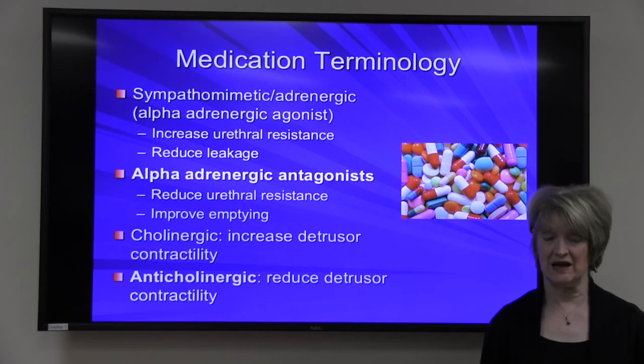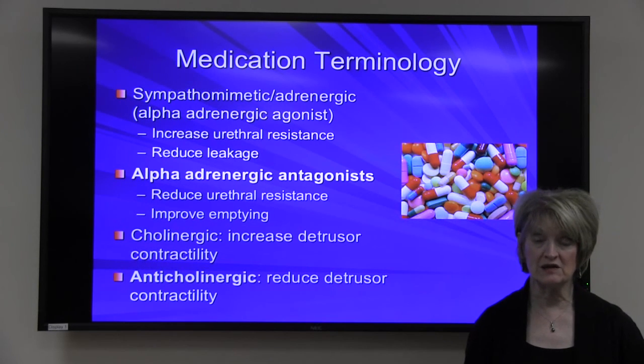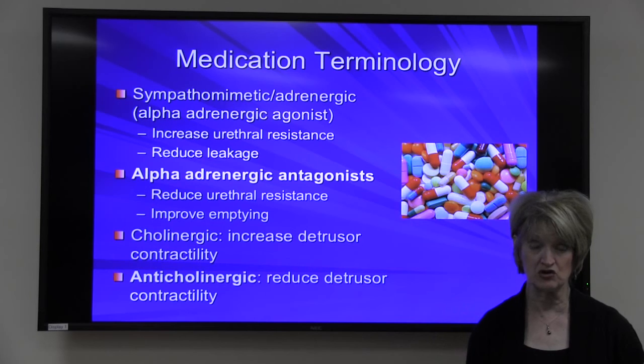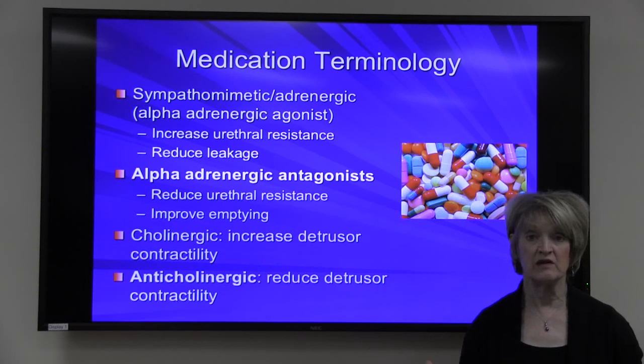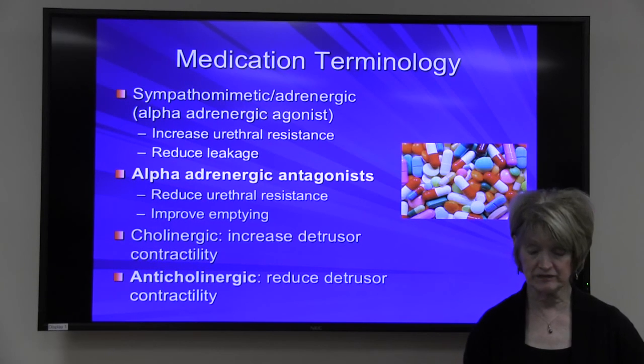So first of all, we said during the storage phase, the sympathetic pathways are in charge. The sympathetic pathways are active. They're maintaining urethral closure, bladder neck closure, bladder wall relaxation.